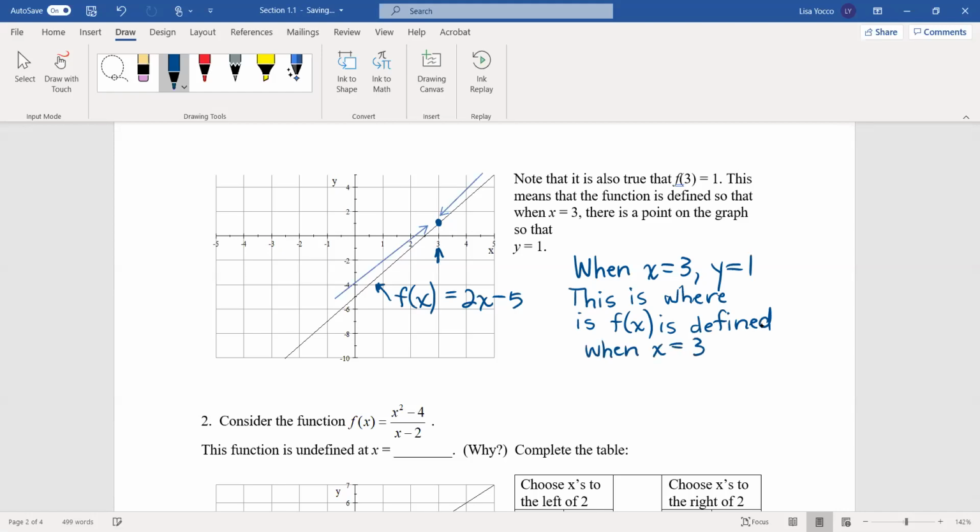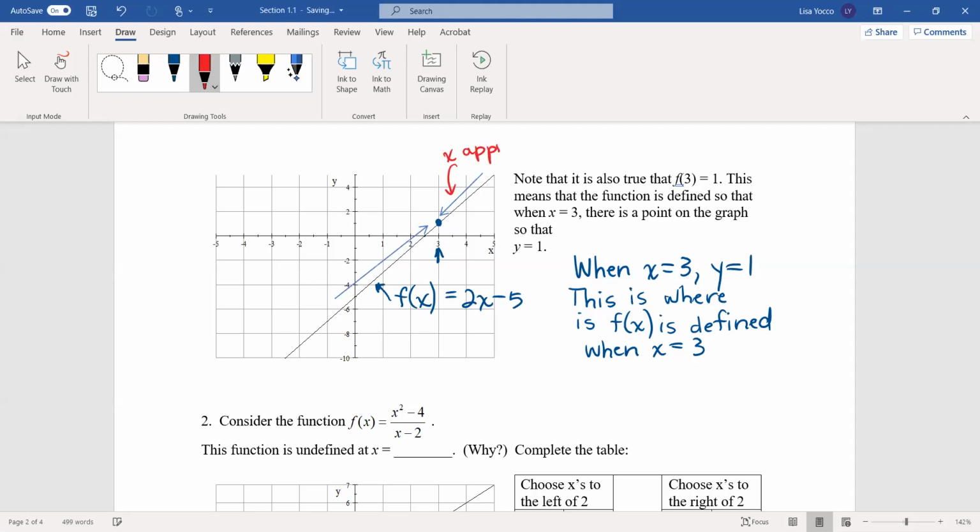Okay, and it's a different concept. In this case, it happens to be the same, but that's not always true. The blue arrows that I've drawn there indicate the concept of getting close. Getting close to 3 from the left and then getting close to 3 from the right.